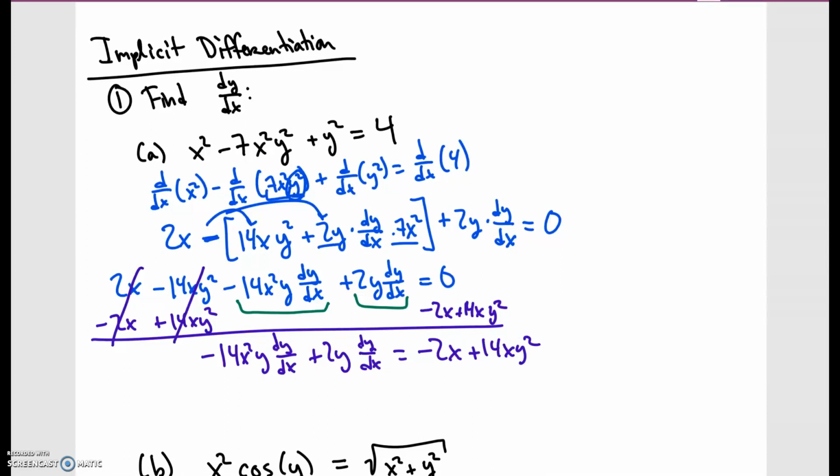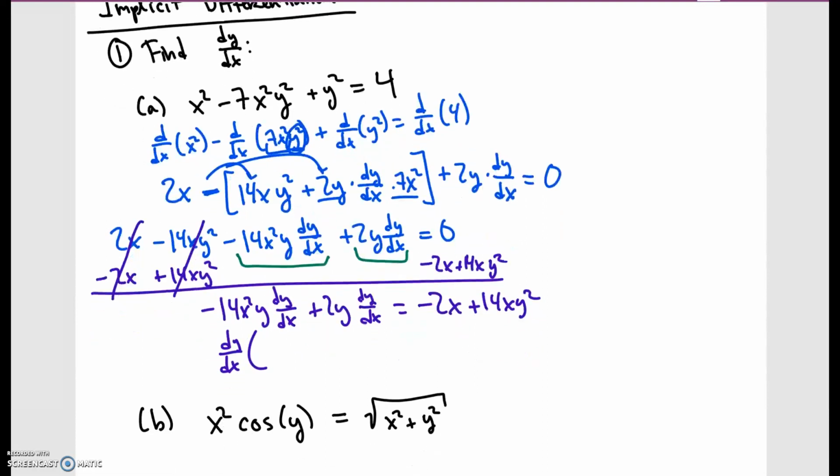Now I'm left with the terms that have dy dx, and the way that I'm going to get rid of that is by factoring it out. So I'm going to factor out the dy dx. What I'm left with is negative 14x squared y plus 2y equals negative 2x plus 14xy squared.